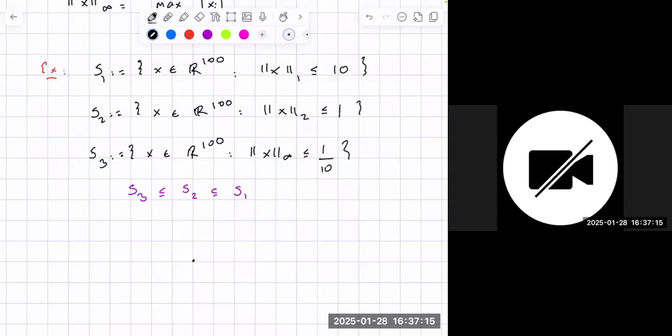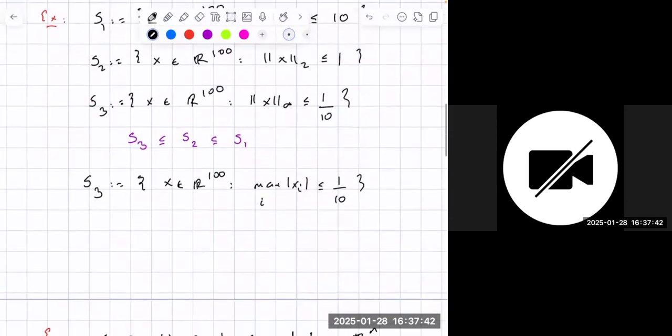Anyway, let's get going a little bit. What is S3? It says the infinity norm of x is less than 1/10, I'm sorry, not 100. What is the infinity norm? The maximum among the coordinates. If the max is less than 1/10, that means every single one is less than 1/10.